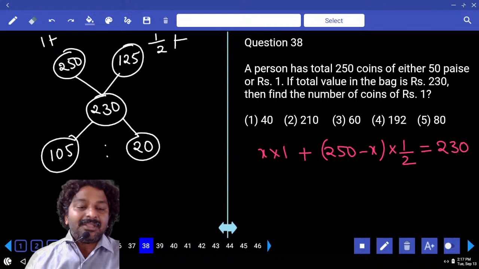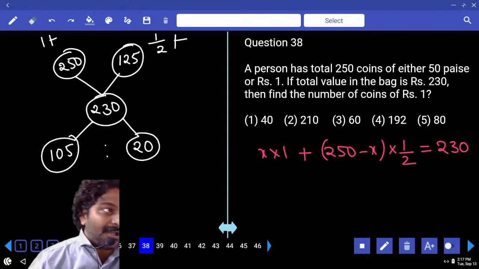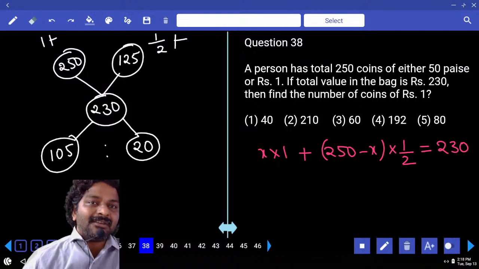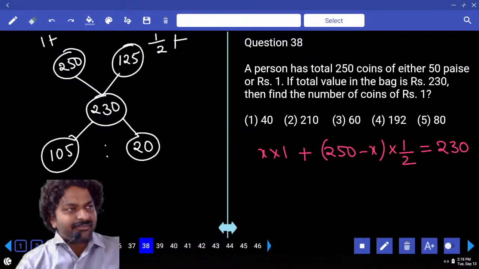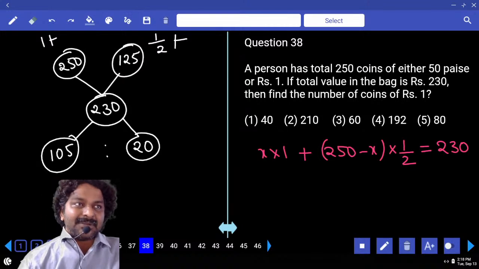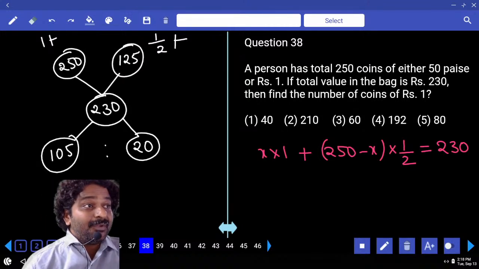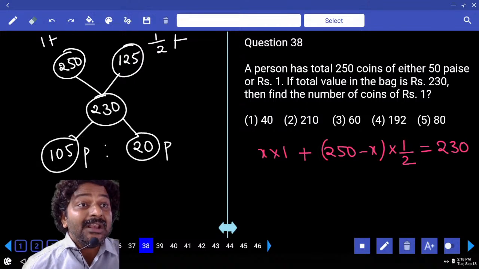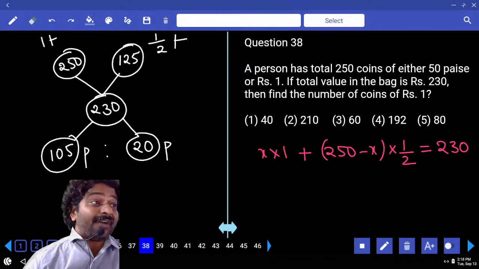So now the ratio between number of 1 rupee coins and 50 paisa coins must be 105:20 only. You can simplify it, but don't do it. Consider direct numbers only. 105 parts and 20 parts. Total 125 parts.